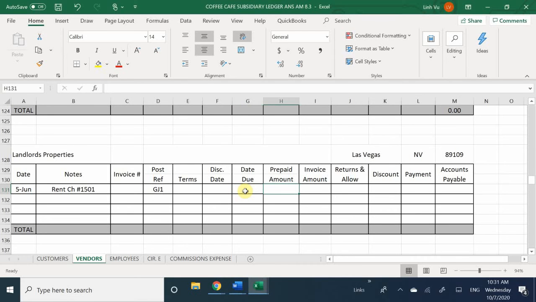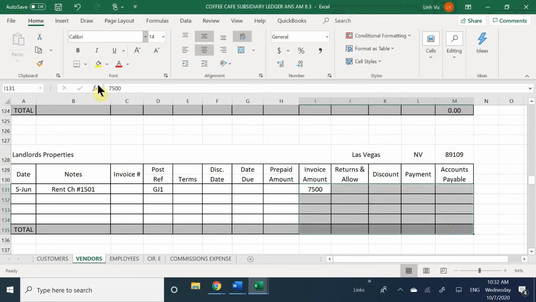Now, the next one is called prepaid accounts. In this kind of sense, we didn't technically do a prepaid. We didn't pay them in advance to get the service just yet. Okay, even though we did make a prepaid rent expense. But in this case, I'm going to go ahead and ignore that and keep it as 0 because the invoice amount that I wrote my check out for was for the full $7,500.